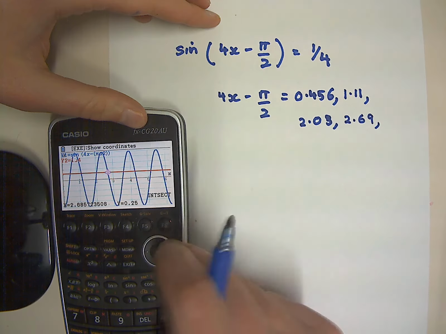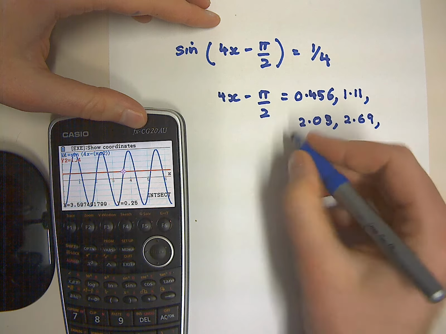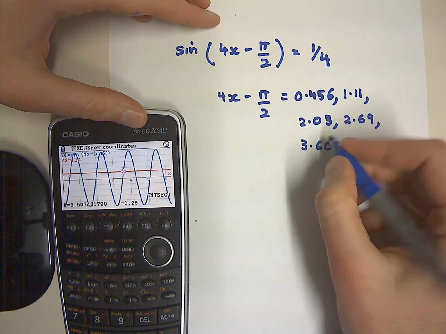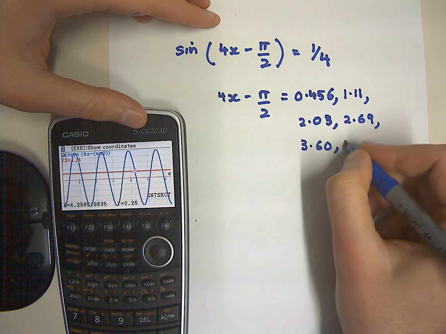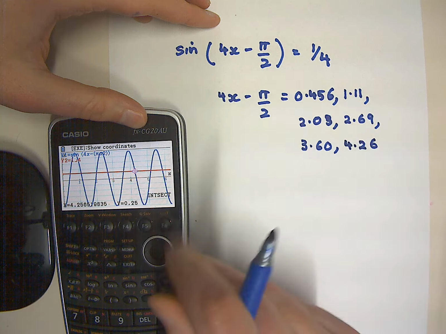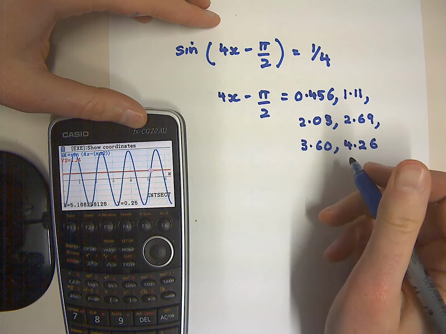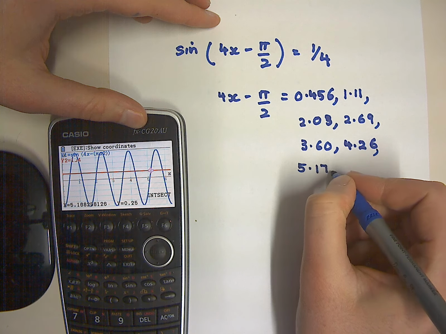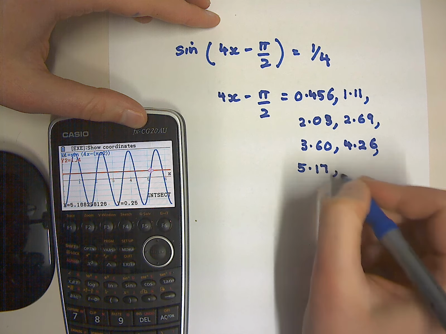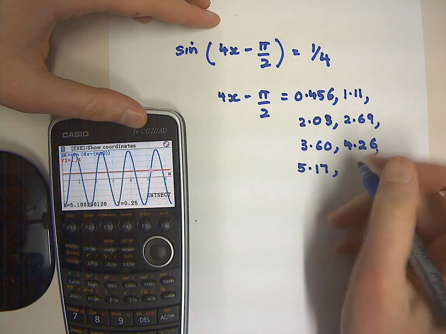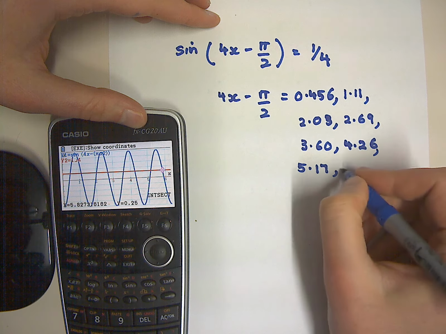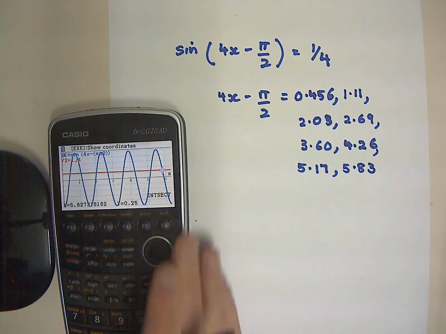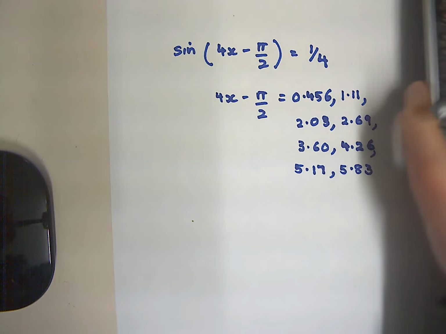It's getting a little tedious. 3.60. Notice I'm rounding to 3 significant figures. 4.26, 5.17, and then 5.83.